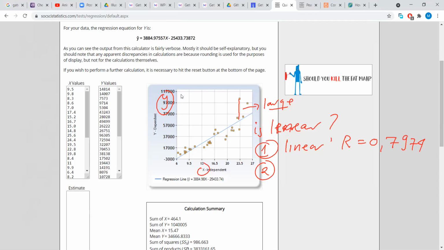What do you think? How to maybe improve the model?